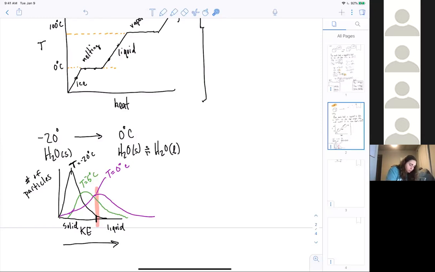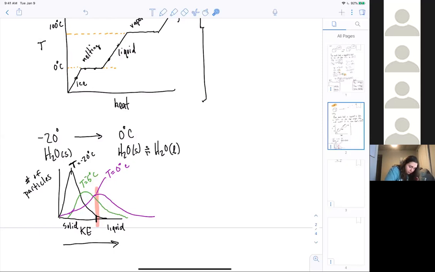So when we're down here, at t equals minus 20 or t equals minus 5, the average kinetic energy of the system is such that most of the particles in the system will be a solid. And as I put heat into the system, say going from minus 20 to minus 5, I'm shifting the average kinetic energy over, but it is still within that solid part on this horizontal axis that I've drawn.